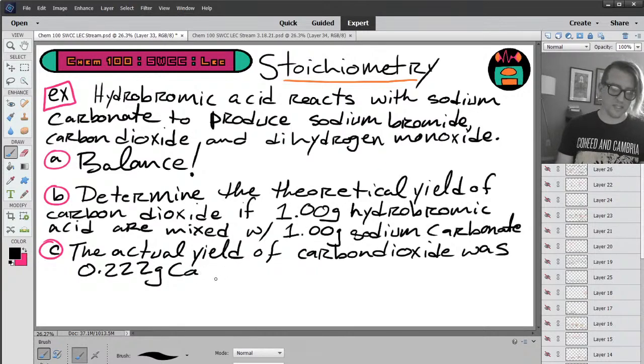Oh, I already said carbon dioxide. The actual yield was 0.222 grams. What was the percent yield?